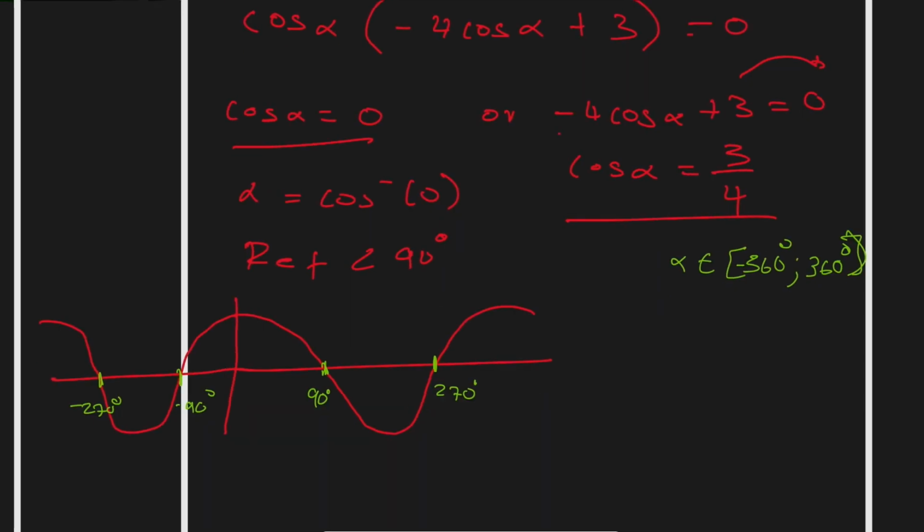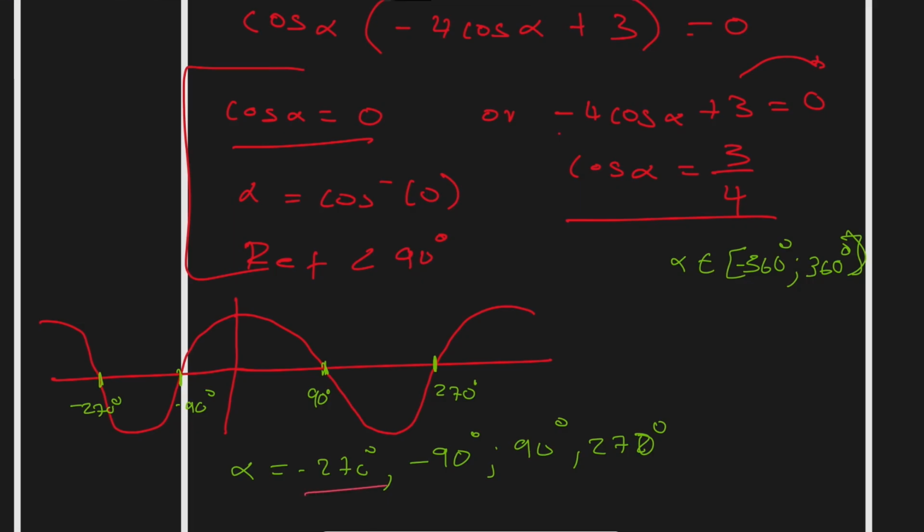Okay, so the solutions to alpha of this first part, all the solutions that are lying in this interval, are going to be where alpha is equal to negative 270 degrees, and also alpha can be equal to negative 90, alpha can be equal to 90 degrees, and alpha can be equal to 270 degrees.